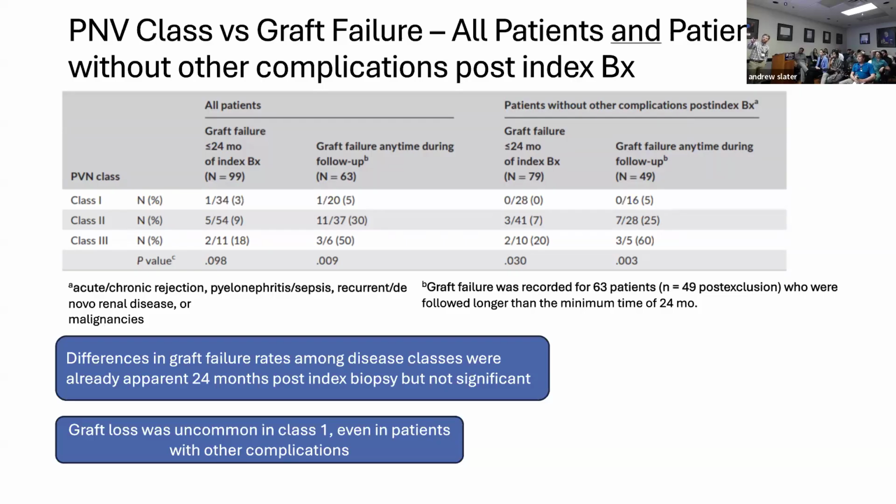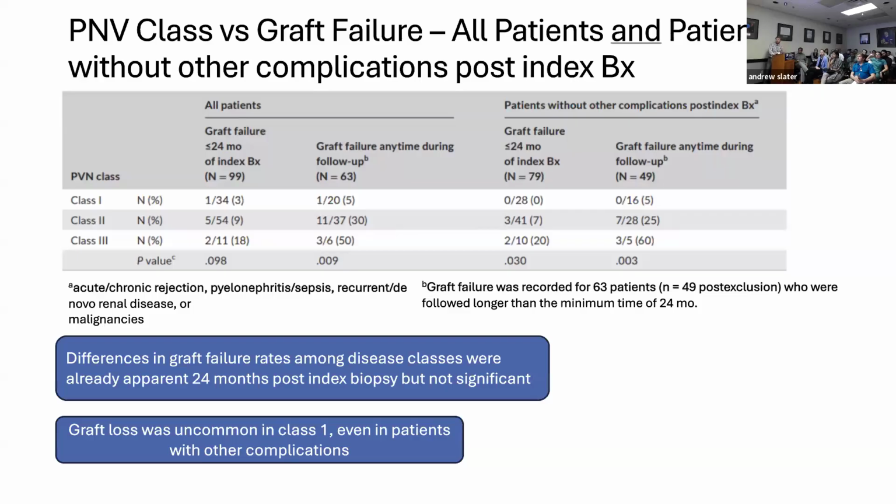Classes 1, 2, and 3 are already apparent 24 months post-index biopsy, but not significant. Then we expand that out to longer follow-up. Graft failure was recorded for 63 patients who were followed longer than the minimum 24 months, and we start to reach clinical significance.